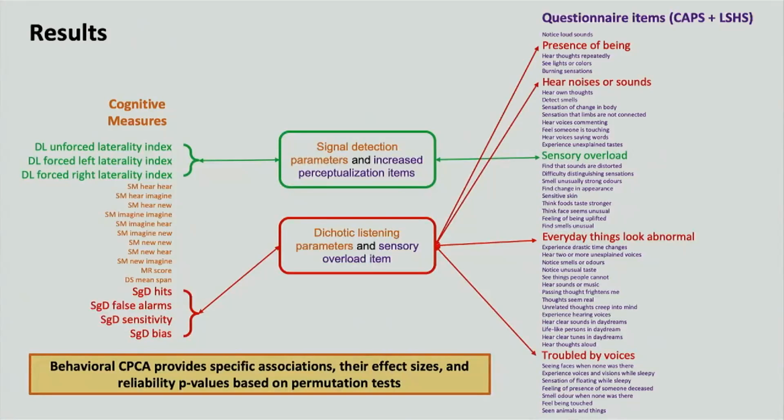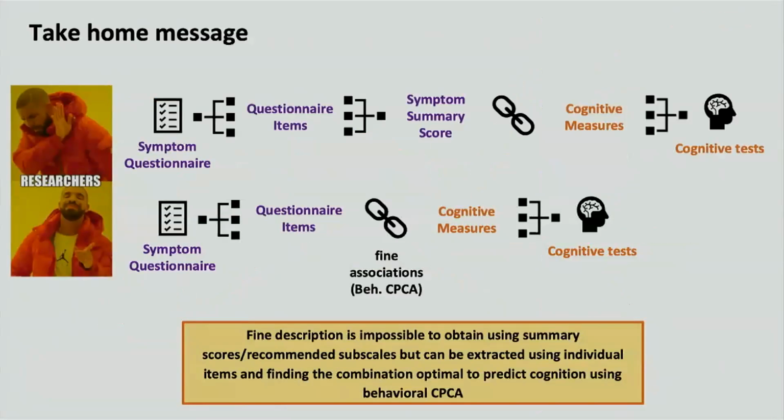Our method, which is an open source multivariate method, gives these very fine level links between these 2 measures. It also gives effect sizes for each of the associations and a corresponding significance value. So what's the main message here?